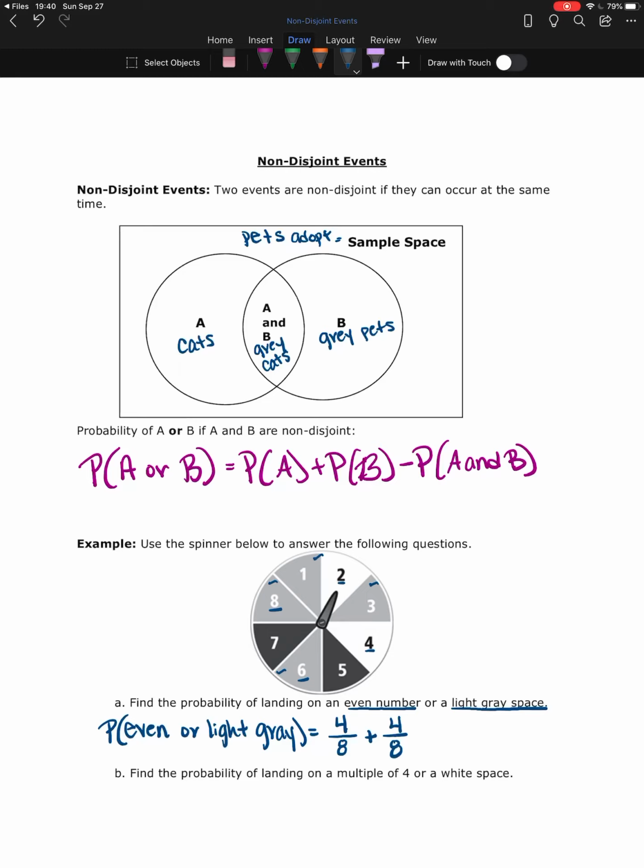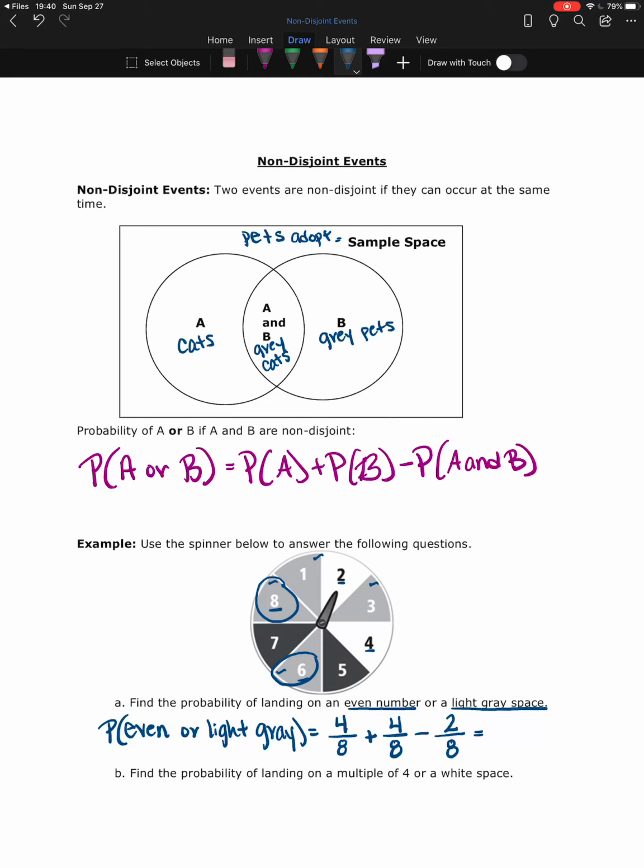But now notice, when I did my little markings in the circle, I have counted this space as an even numbered space and again as a light gray space. And I did the same thing here. So essentially these two spaces got double counted. I don't want to double count those spaces. So I'm going to subtract off the number of spaces that contain an even number and are light gray.